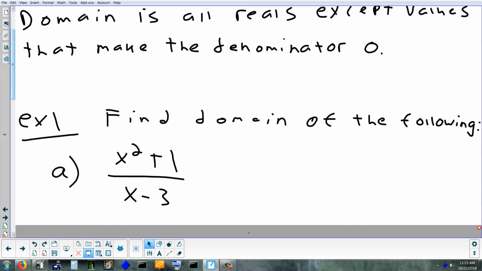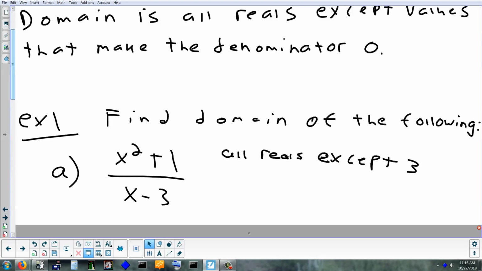So it's x squared plus 1 divided by x minus 3. What's the domain of that one? Nathan? All real numbers but 3. Yeah, it's all reals except 3. So 2 ways you could write your answer. All reals except 3.